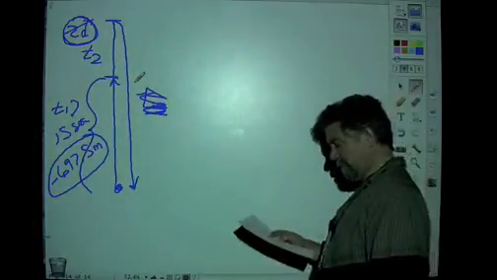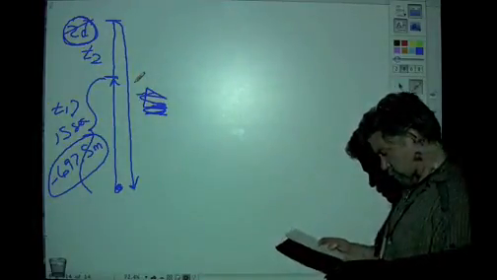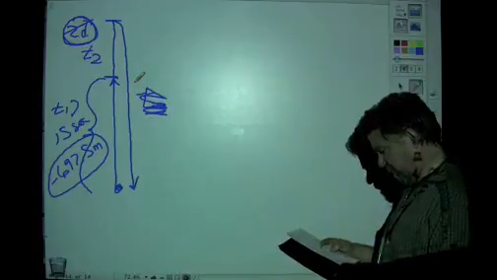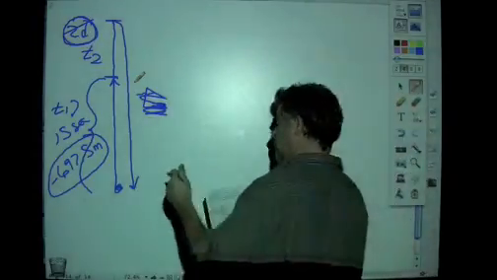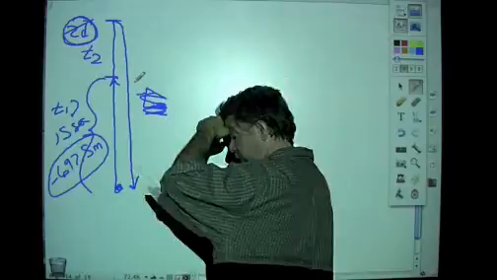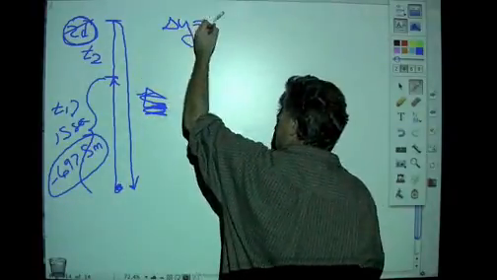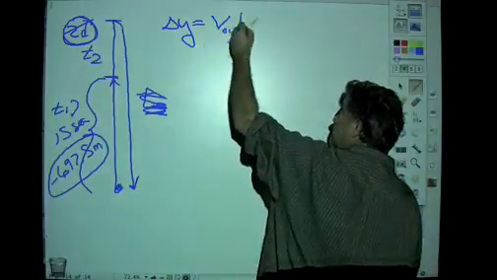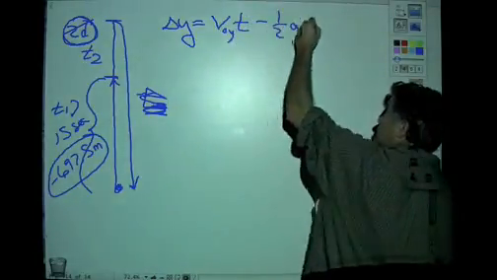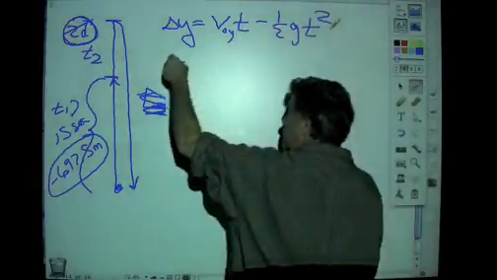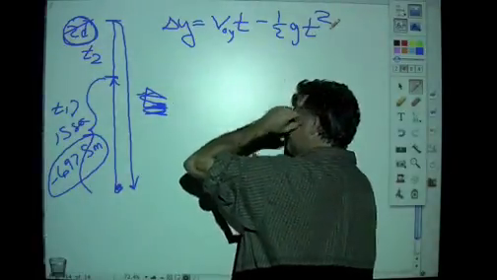Looks like we need a second blue mirror, but it's going to involve a little quadratic formula. So I have my delta y. We'll go through it quick. V naught t, we're almost done, minus 1/2 g t squared. And so let's go ahead and plug in numbers.